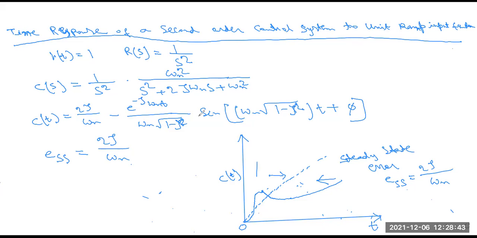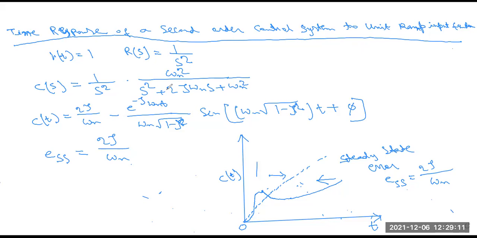This is the time response analysis of the second order control system for the unit ramp input function. We know that the unit ramp input is r(t) equals t, and R(s) equals 1 by s square. The output of the second order control system is C(s) equals 1 by s square into omega n square by s square plus 2 zeta omega n s plus omega n square.